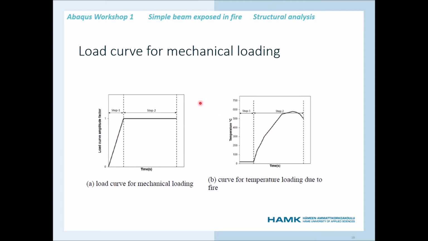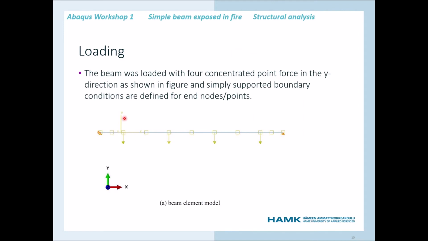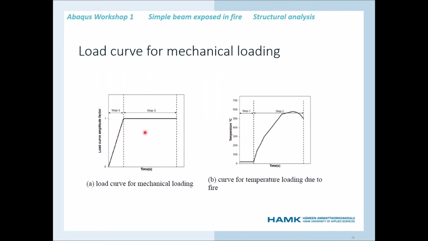And now we have to apply the load with reference to the amplitude curve, and the load is applied for two steps. We have already created the first mechanical loading step, and the second step is the fire heating step.